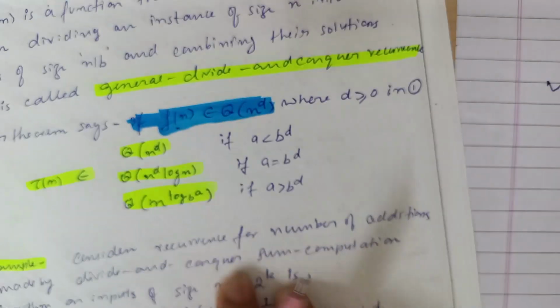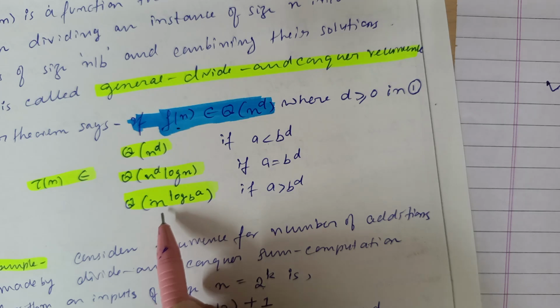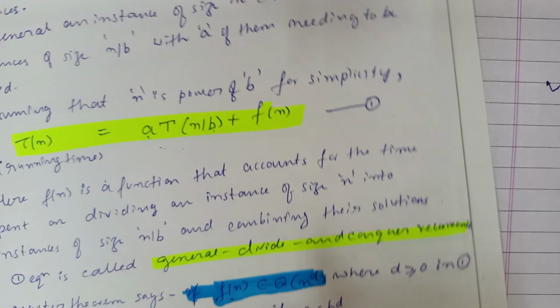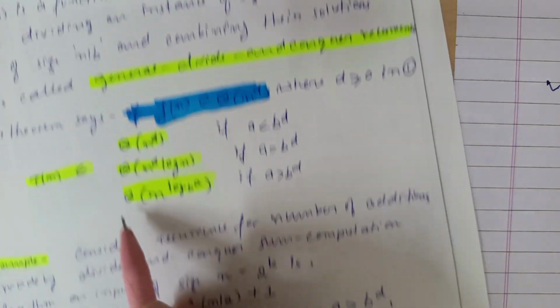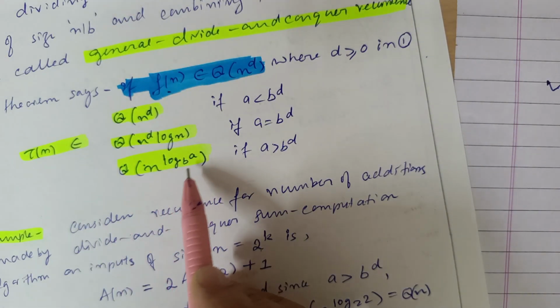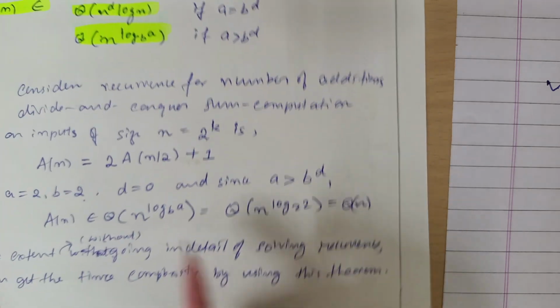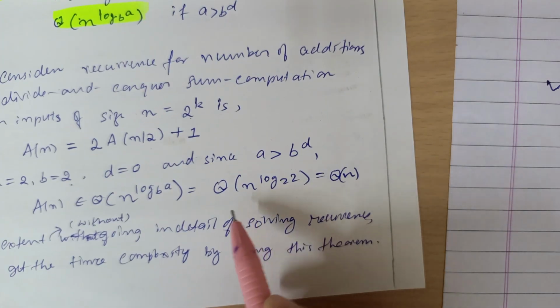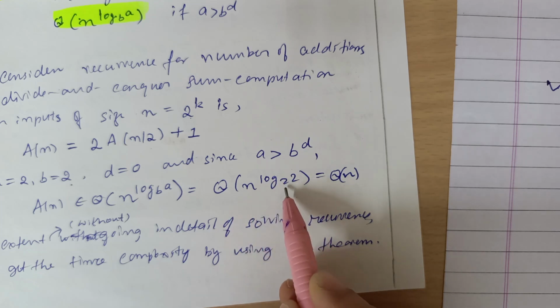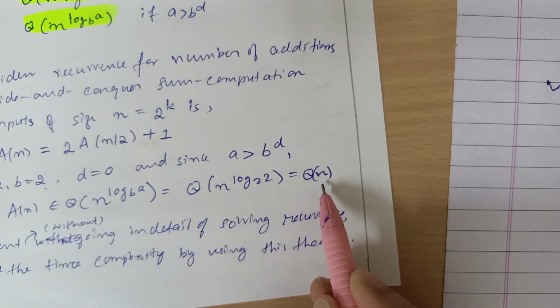In that case, we directly apply the complexity of the entire equation, which is n to the power log a base b, that is n to the power log 2 base 2, so theta n.